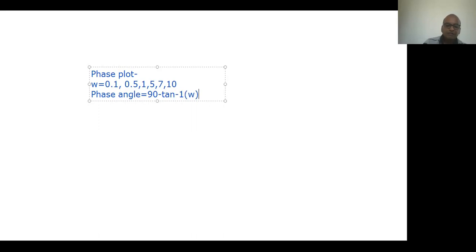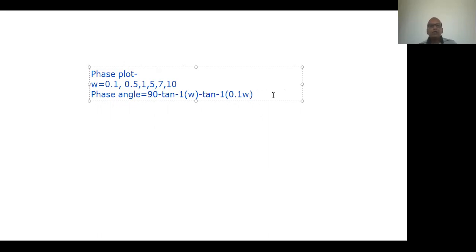Then minus tan inverse, here again consider s equals j omega, that is divided by this 10. That is omega divided by this 10, this 0.1 omega.